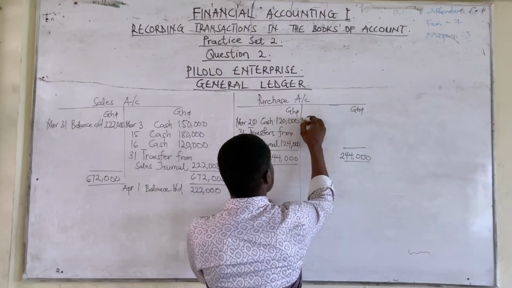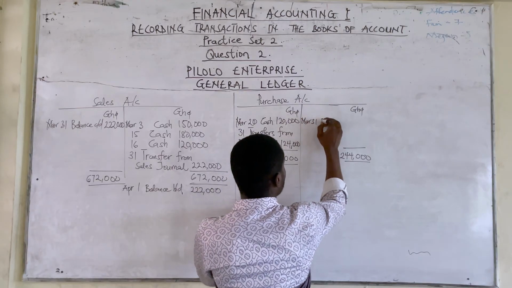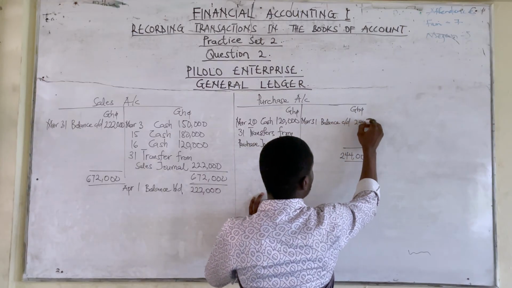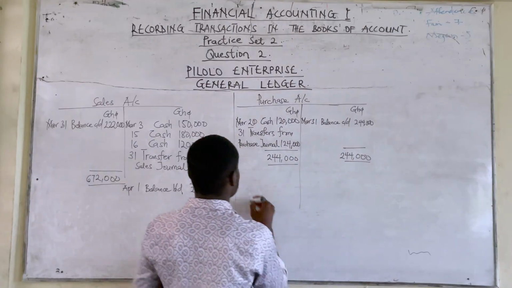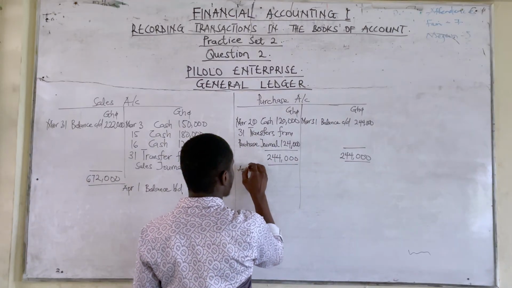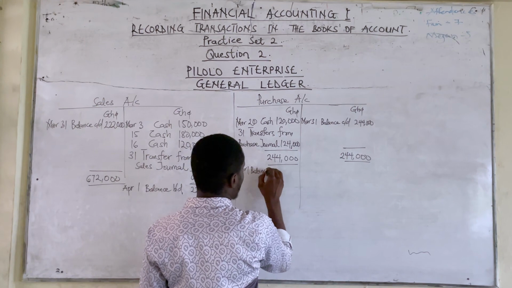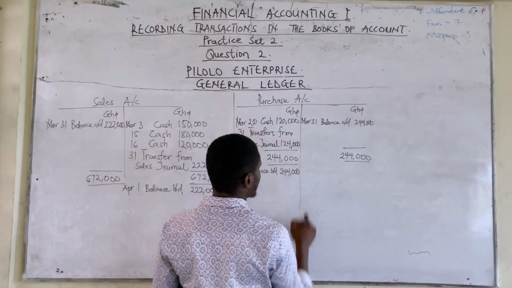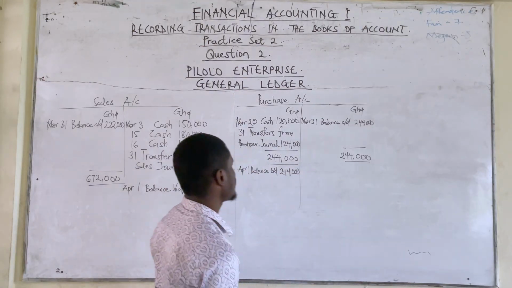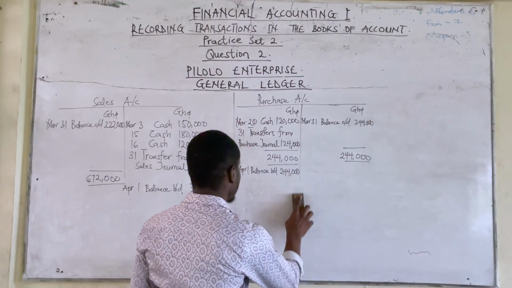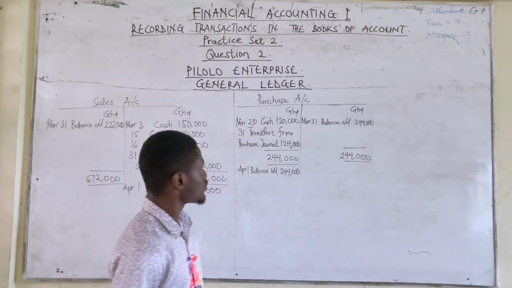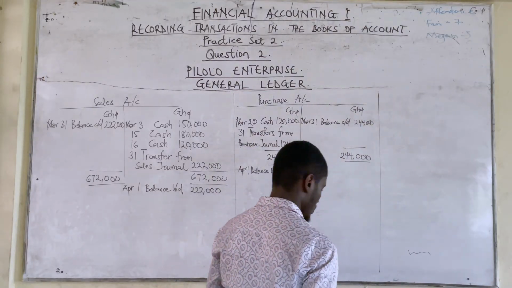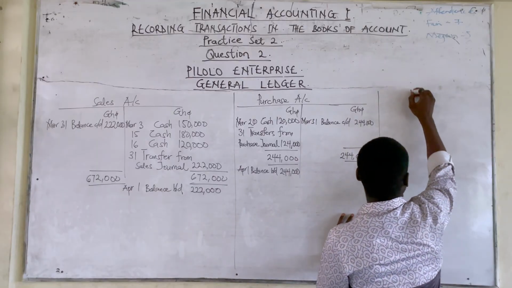Now we have March 31st balance 244,000. When we come to April 1st, balance 244,000. Do you get it? Good. So that's the account for purchases. Good. So now we move to the returns outward account. Okay. So returns outward.